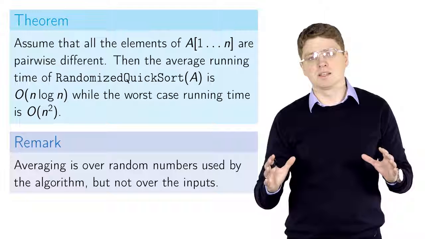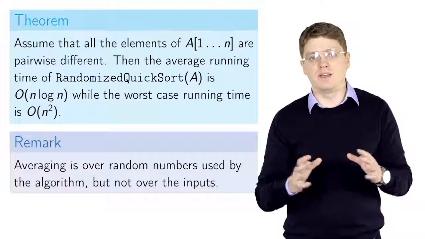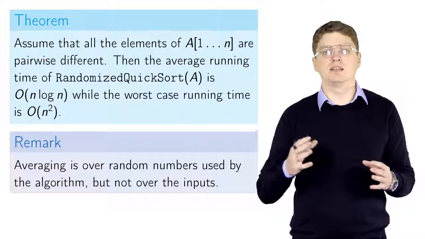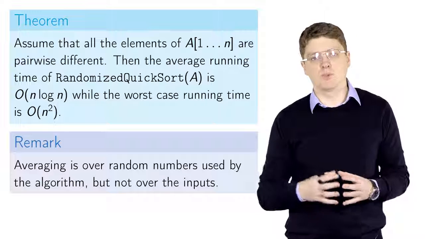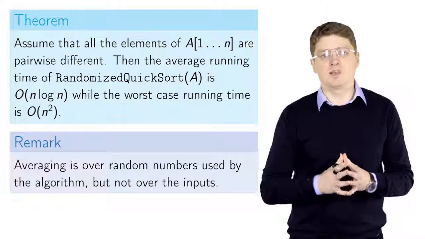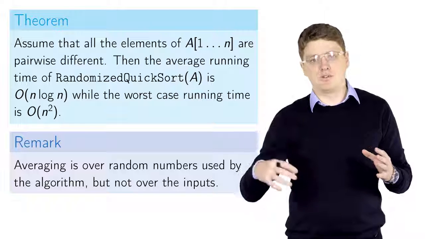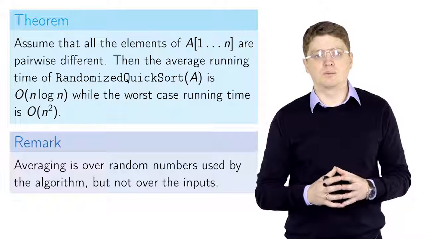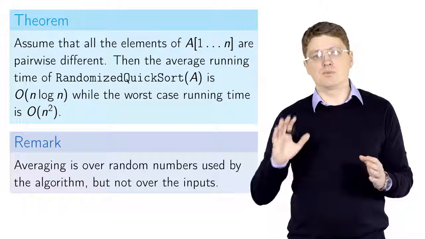This means that for any fixed array, if we are very unlucky with the random bits, the running time potentially could be higher than n log n. However, on average, and averaging is over all possible random bits, the running time of the quicksort algorithm is n log n. And this is true for any input.